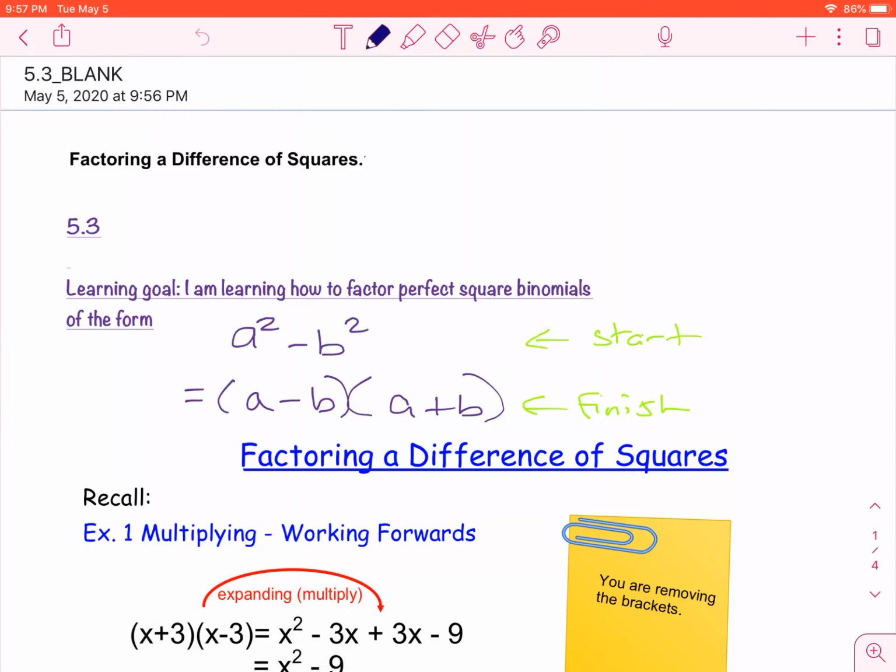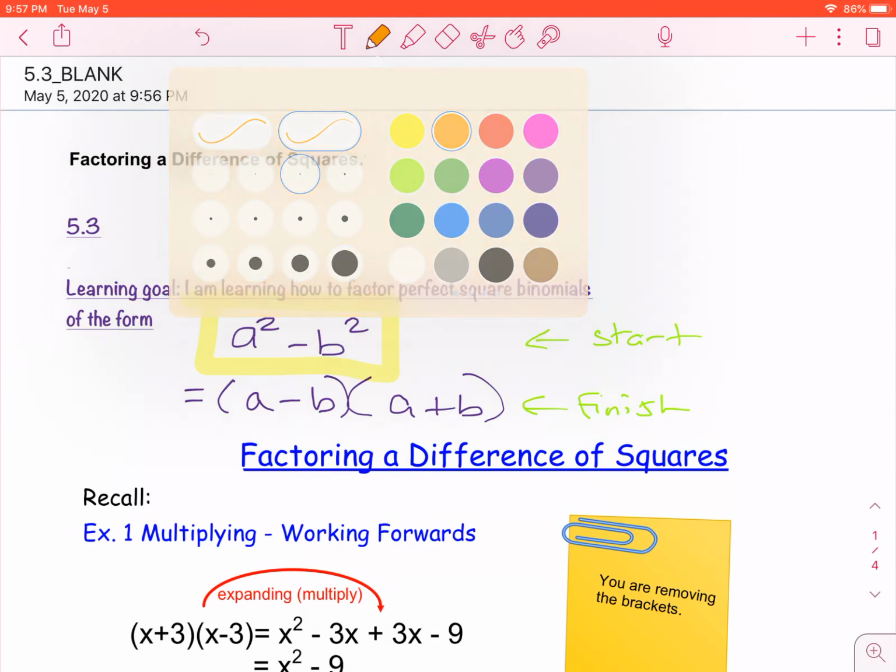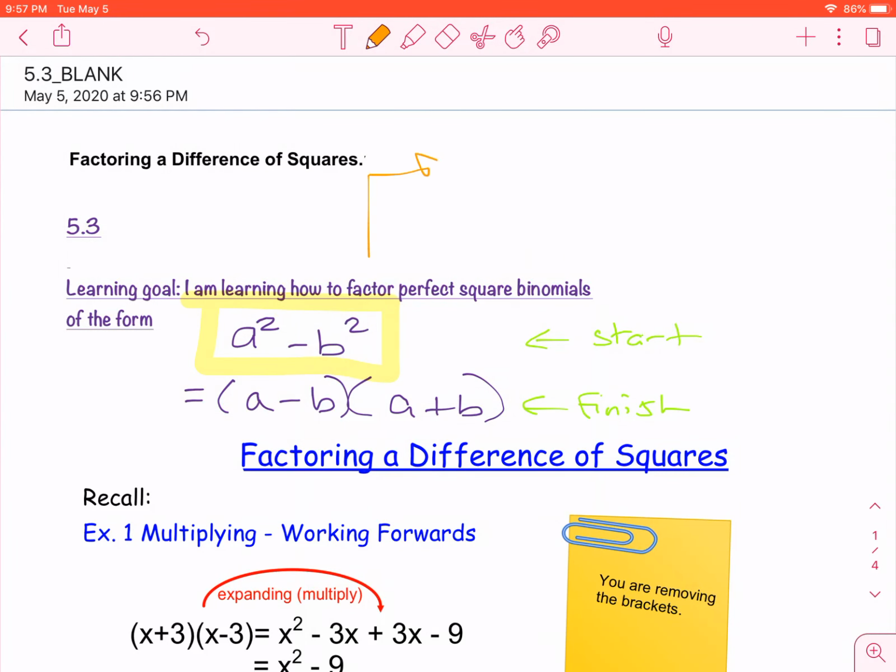Okay, so your three steps in determining how we know if it's a difference of squares is actually very straightforward. What I've just highlighted here, you'll notice that the box that I just created is a situation where we have two terms.